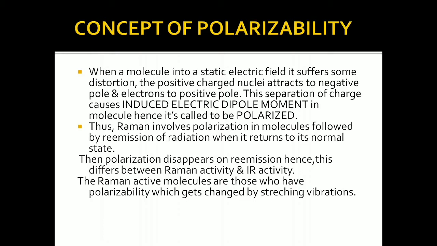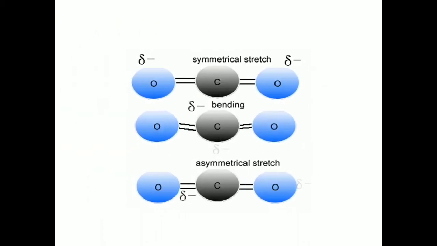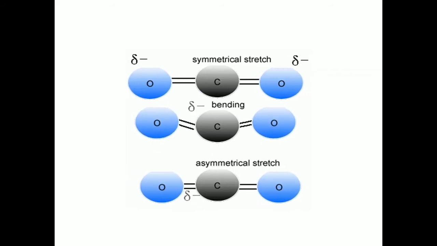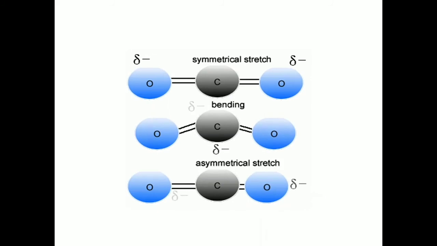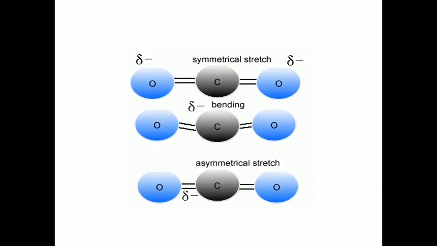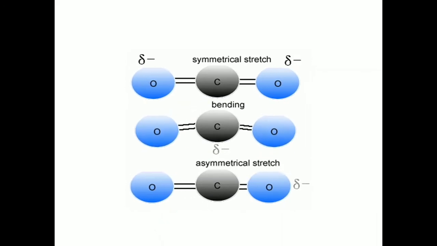Raman active molecules are those which have polarizability that gets changed by stretching vibrations. This can be explained by a simple example, that is CO2. The symmetric stretching vibration in CO2 does not involve change in dipole moment, that is, it is IR inactive. But since the polarizability of the bond increases during vibration, it is Raman active.